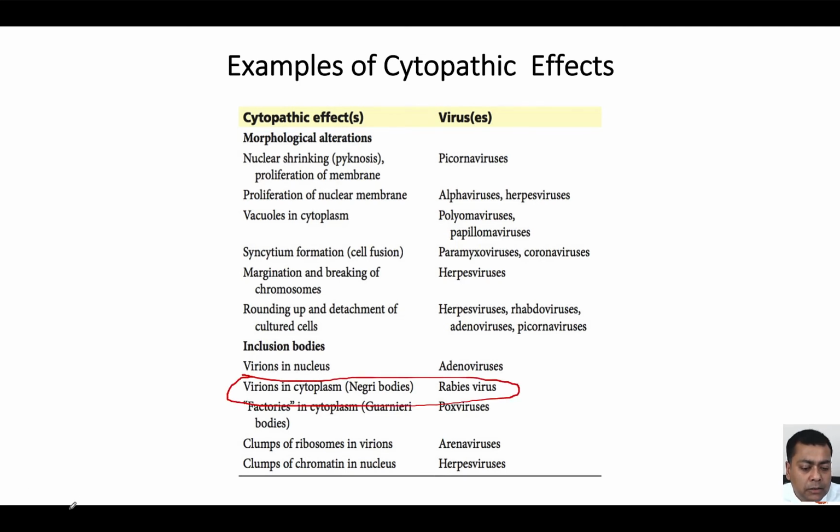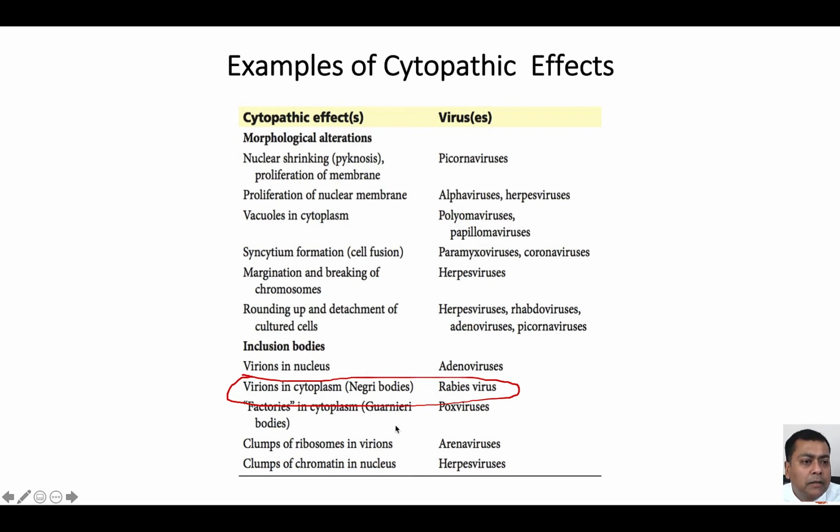These are dense structures produced by the rabies virus. For a long time, these Negri bodies were the typical sign: if a person or an animal has rabies, and you take the cells out and look at them under the microscope, you will see these Negri bodies.